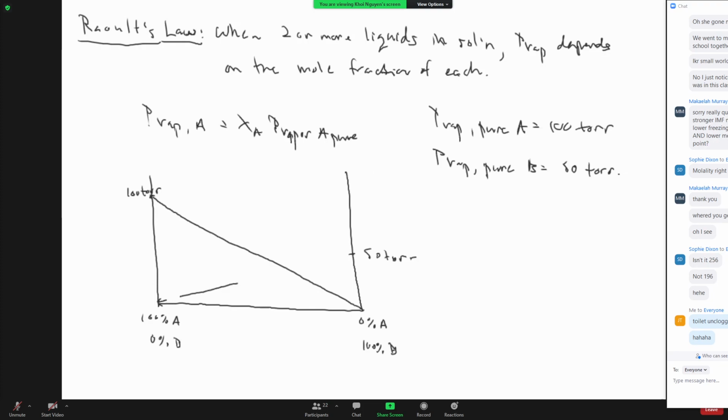between the two using Raoult's law, using Dalton's law of partial pressures realistically. And you can add up each of the individual partial pressures to find the total vapor pressure, based on the mole fraction that you have. So the pressure here plus the pressure here gives you that pressure there. Make sense?